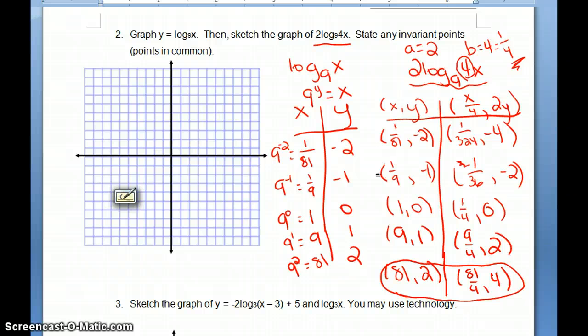Okay, so first off we're going to graph log 9 of x. I'm going to do that one in red. This is also a nice chart because it sums it all up in one little area. I guess we should first label our values, so we'll go by 2's.